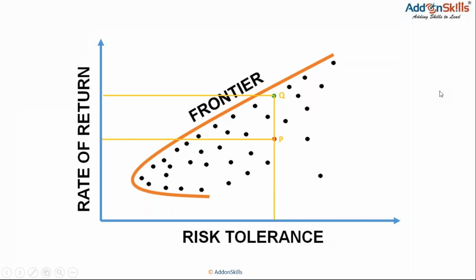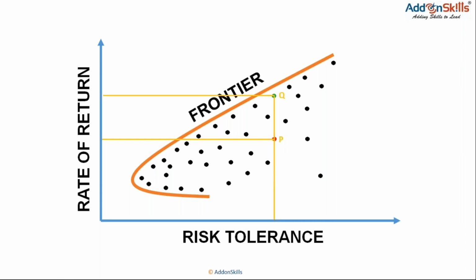Now assume the risk tolerance for both portfolios is the same, and the risk is the level of investment you are going to make in the certification training. So consider the cost or the investment to be the same with Add-on Skills certification training or any other certification alternative you may have.